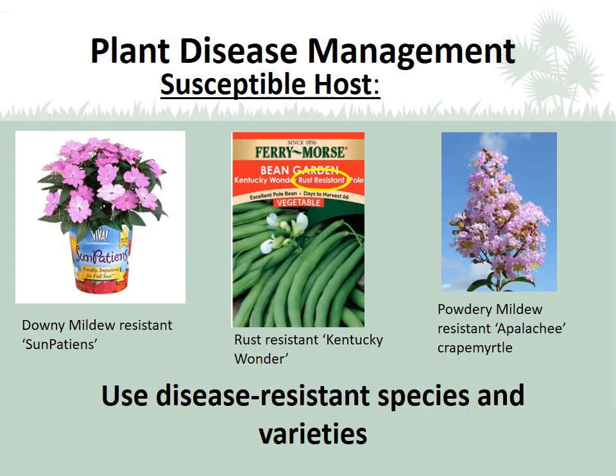Next we'll talk about susceptible hosts. Plant disease management relies on, if we can, using genetically resistant varieties such as Kentucky Wonder, which is a rust-resistant type of pole bean, which helps us minimize certain types of fungal outbreaks. There are also many others. Think of downy mildew-resistant Sun Patiens, and also powdery mildew-resistant Appalachee crape myrtle.